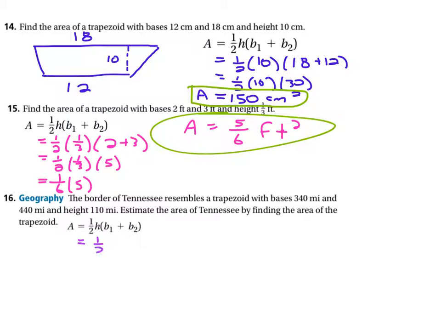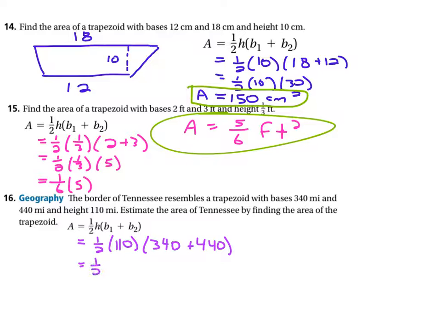We've got 1/2 times, they say, height of 110 miles, because we're talking about the state of Tennessee, and U.S. states are pretty big spaces, times the bases of 340 and 440.